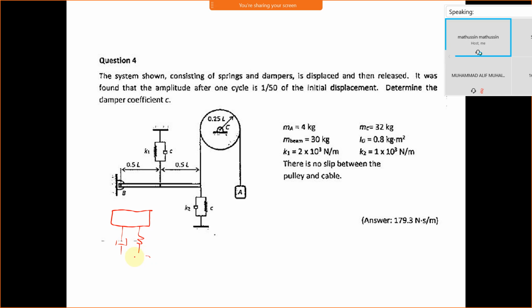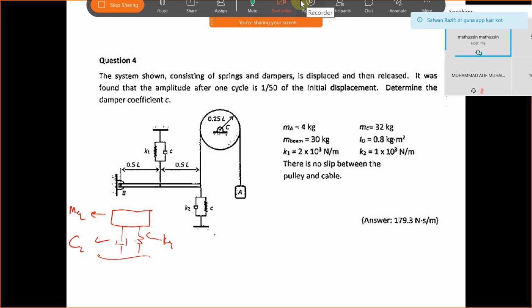All right, single value. So we have a mass equivalent. You also have C equivalent, and this is K equivalent.